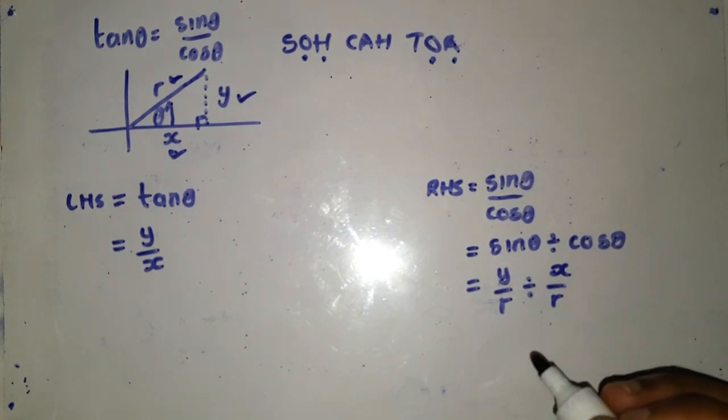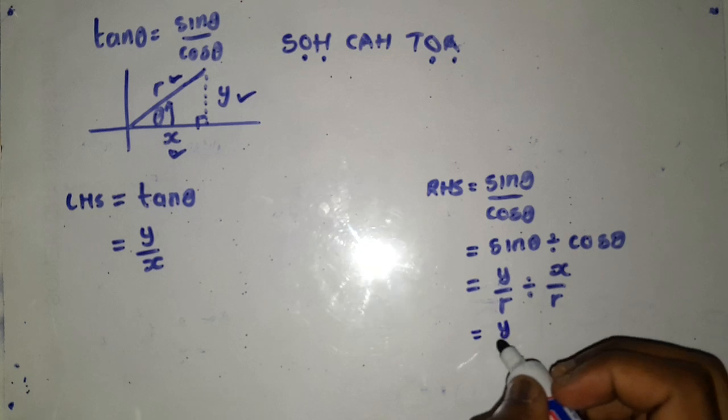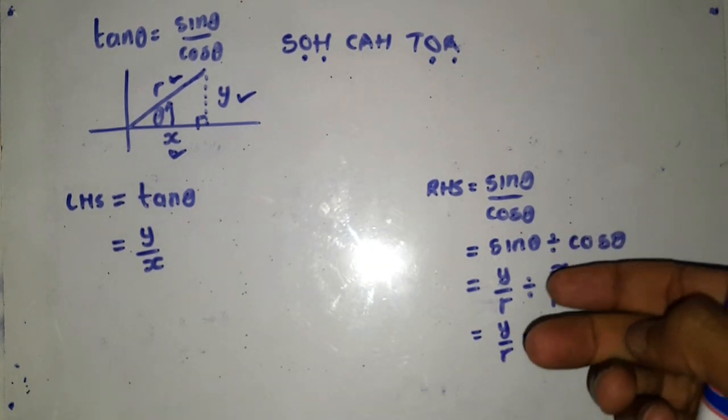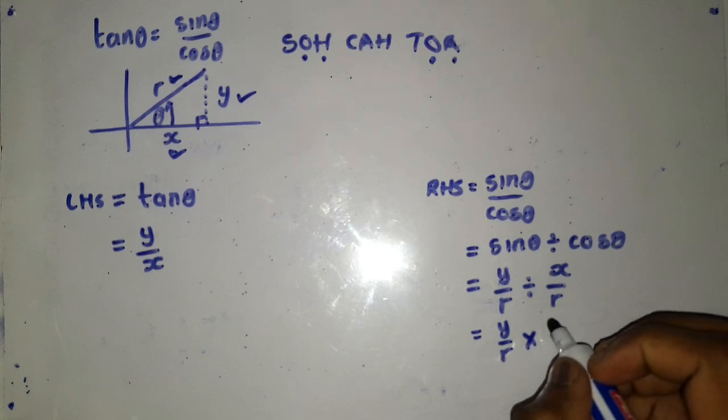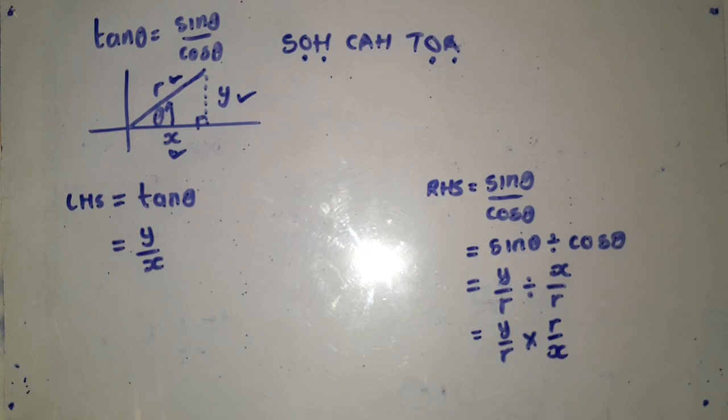I want to simplify this further. What I'm going to do is multiply, and this will swap like this, r all over x. What is going to happen with r and r? They are going to cancel. Then I'm going to be left with y all over x.